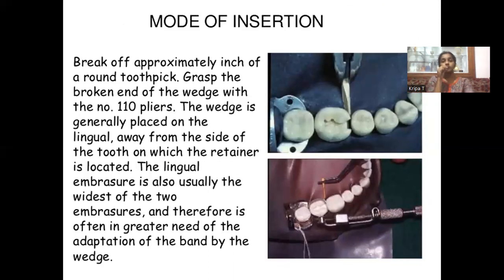Now, how are they inserted? Break off the end of a toothpick, grasp the broken end of the wedge with the number 110 plier, and place it from the lingual aspect, because this embrasure is the widest and therefore is often in greater need of adaptation of the band by the wedge.